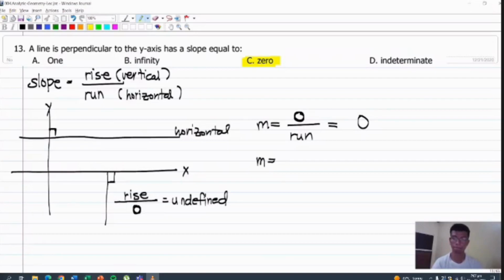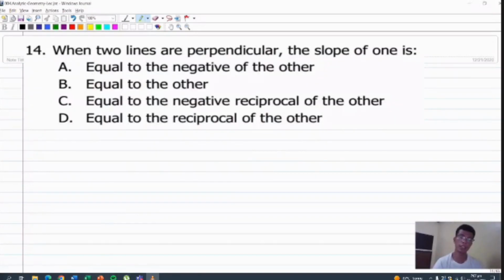Number 14. So when two lines are perpendicular, the slope of one is, so syempre meron tayong involved na two lines dito. Para na sabihin natin para kay line number 1 and line number 2. Syempre si line number 1 meron yung slope number 1. And si line number 2 ay merong slope number 2.